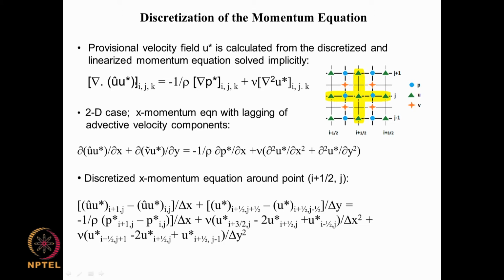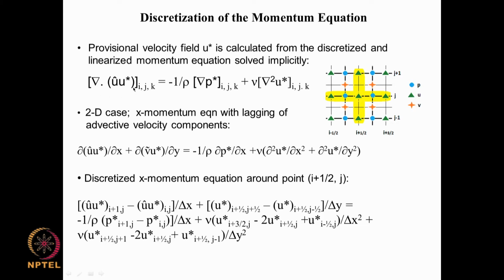It is a provisional velocity. It is provisional because we can solve this only if pressure is known. So, we assume some guessed pressure p star, substitute it in this, and by discretizing and solving it, you can get u star at ij.